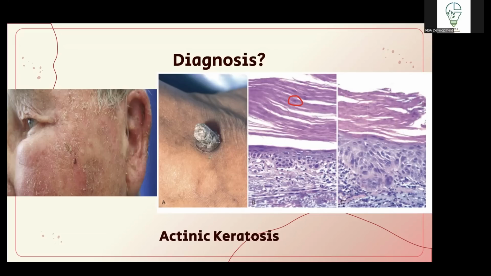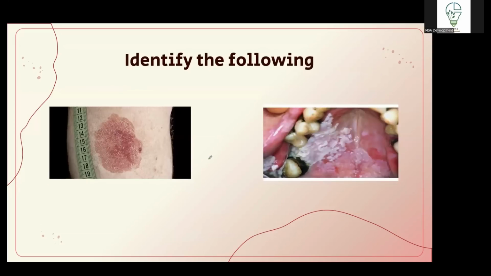Okay? Now, if it developed into squamous cell carcinoma, it can first form as a squamous cell carcinoma in situ. If it's a squamous cell carcinoma in situ on the skin, what do we call this disease or this lesion? If you guys know. It's squamous cell carcinoma in situ, but there's a name for it.